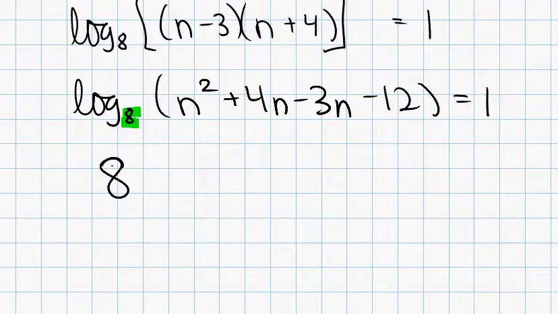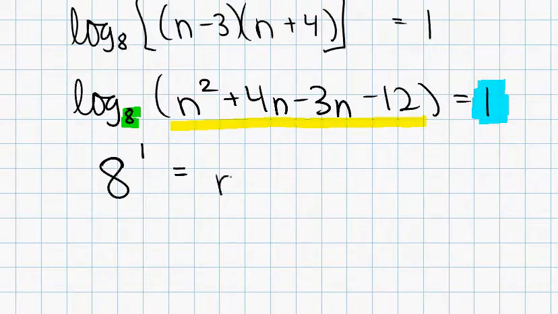What is the exponent? The exponent is 1. And what does it equal? The argument, the stuff you are taking the logarithm of. And so if we write that down, we will have n squared plus n minus 12, because you can.